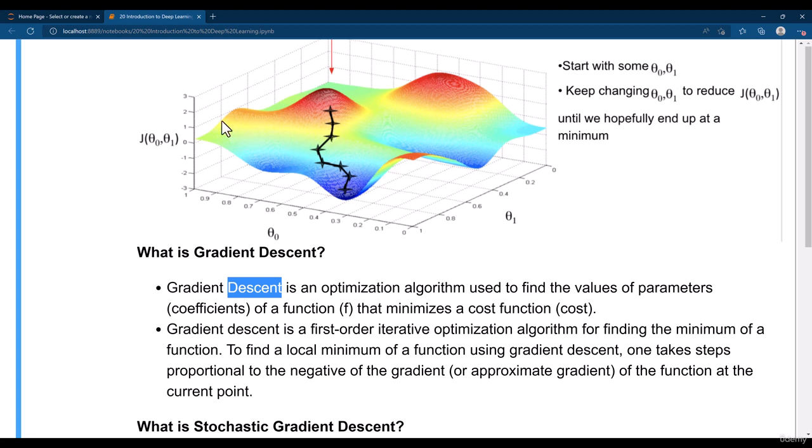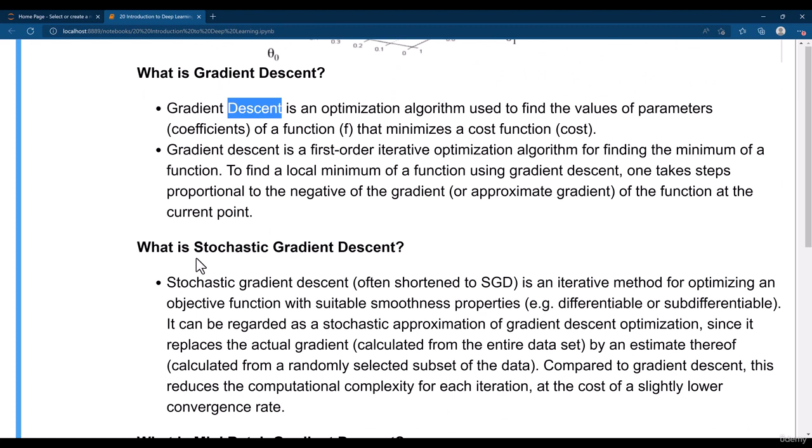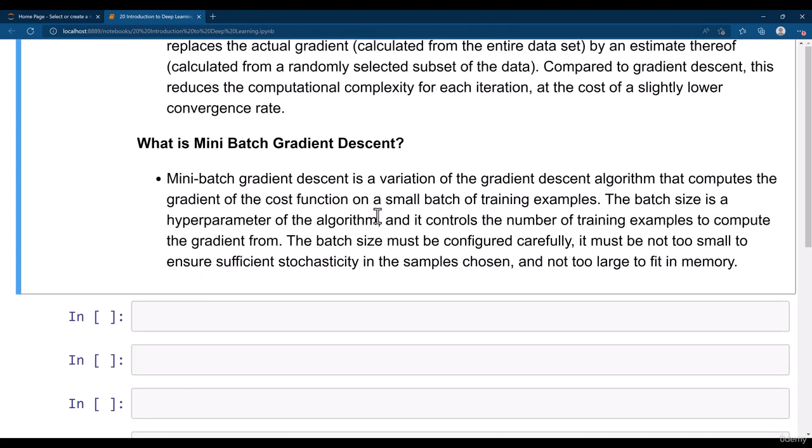That means, let's say you have 1 million data samples and you choose just a small subset of the data. With that small subset, you can find out in which direction you need to move so that you can reduce the error. That is stochastic gradient descent.